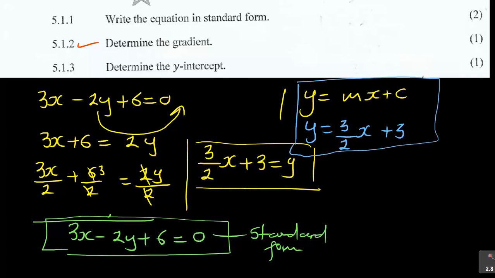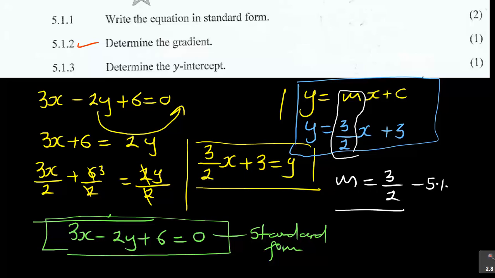So the question is, determine the gradient. This is the gradient: m is the gradient. So here m is equal to 3 over 2. That's the answer to 5.1.2. And then 5.1.3 seems interesting.